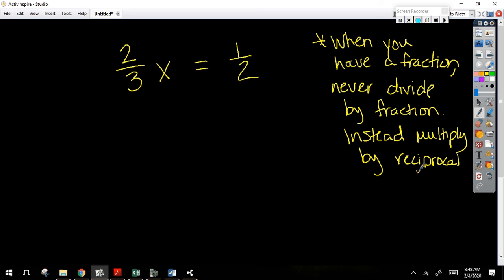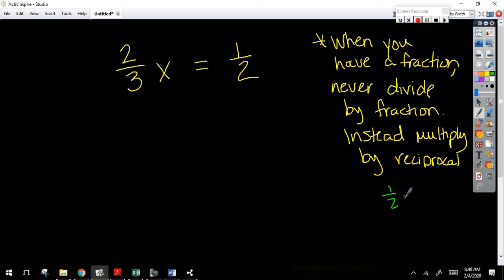So here's what I want you to think about. We talked about multiplicative inverse and multiplicative identity, remember? And that identity caused us to cancel out and equal 1. Anytime you multiply by reciprocals, that means you take a number and multiply it by its flip, you always get 1. It doesn't matter what those flips are.